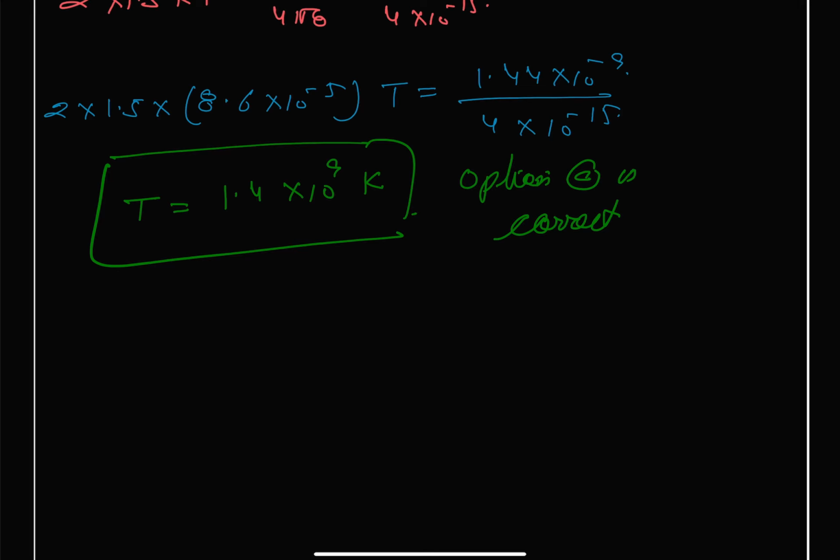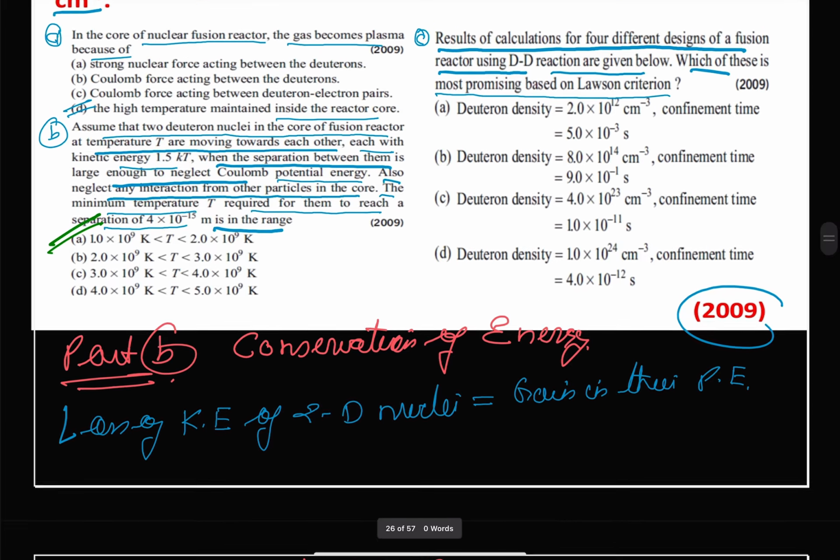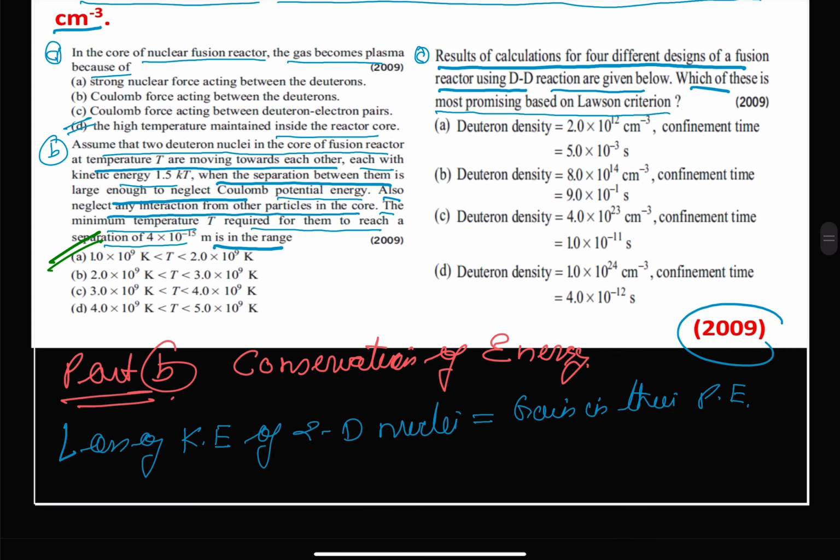And part C, we have to find out 4 different designs, and we are going to compare them with the Lawson criteria based on these 4 options.